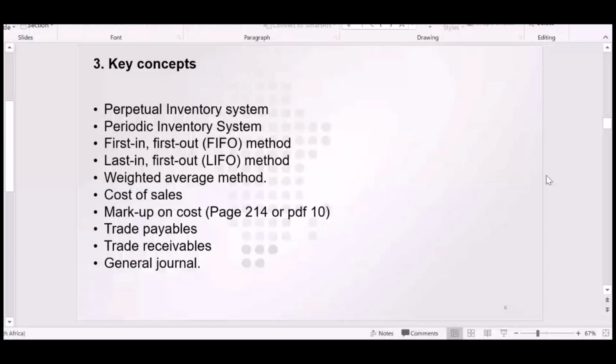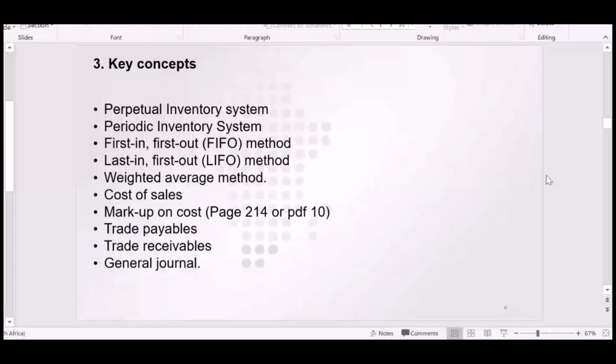So you are taking the average of how much I had yesterday, calculating its value based on 5 rands, and how much I had today based on 7 rands. Then you average the two, and you get your total value or total cost of that inventory. We're going to look at this in detail shortly.